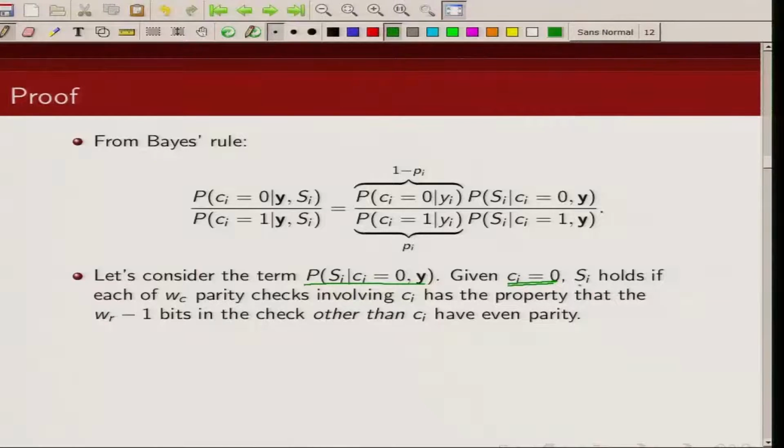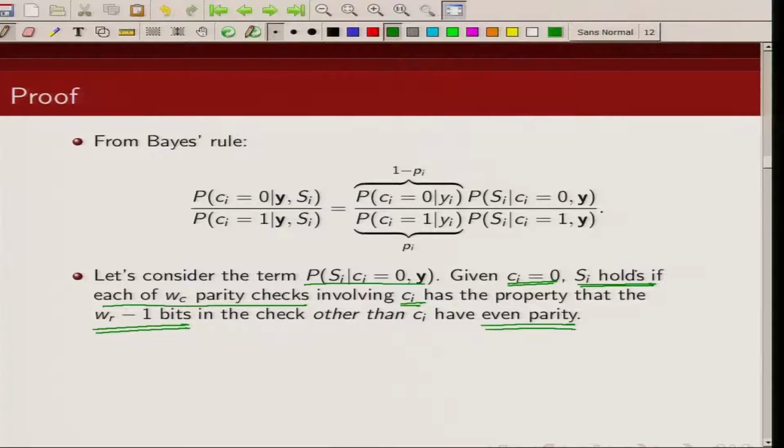So, this event will be satisfied if, in each of these parity check equations where Ci is involved, other than this Ci bit, all other bits involved in the parity check equation, in case of a regular LDPC code, that number is WR minus 1, if all those bits have even parity, because Ci is 0, so the other bits should have even parity, then only the parity check equation involving Ci will be satisfied.